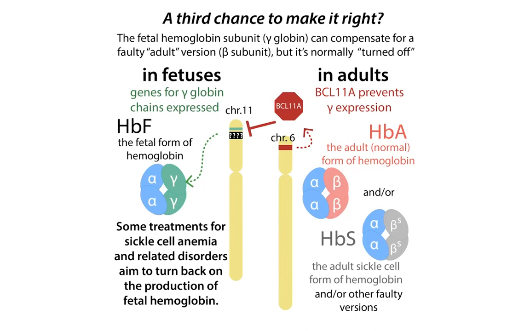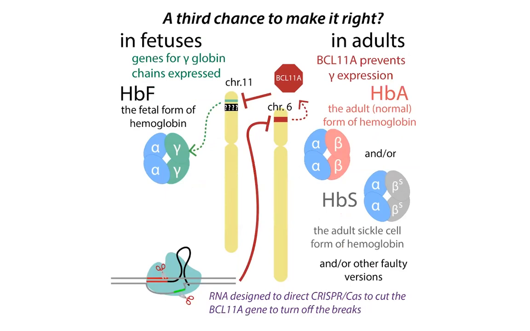So for example, there's this gene called BCL11A, which prevents the expression of those gamma subunits. There are genetic engineering strategies, like using CRISPR to cut and mutate the gene for BCL11A to turn off those brakes and allow fetal hemoglobin to be made.